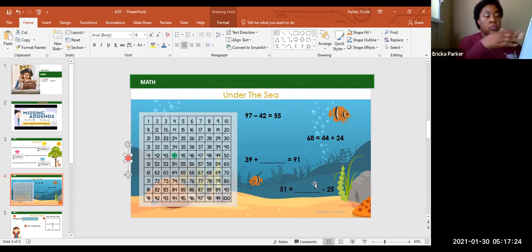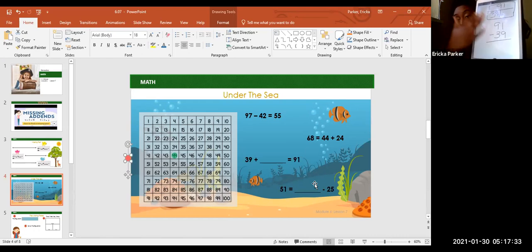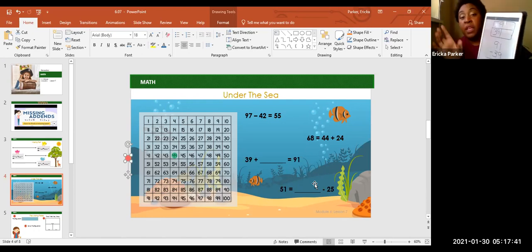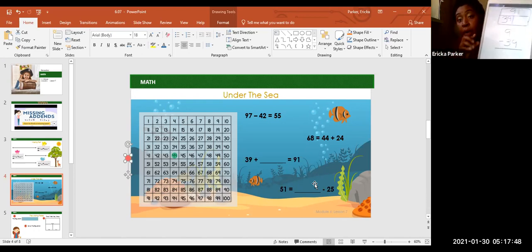All right, so check it. You got 91 minus 39. It should look something like this. Anytime there's a blank there and you need to find that number, this is what you need to do. We already knew that it said equals 91. We knew that that bigger number is the whole for our problem.